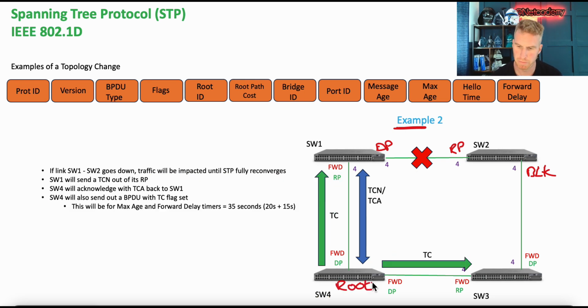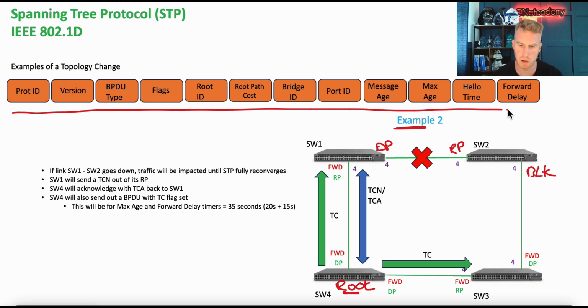And just like before, that root bridge SW4 will send out a BPDU, everything you see here, and it's going to have that topology change flag set. The BPDU type will be a config message, i.e. switches, I am the root bridge, I'm sending you a configuration message, and the flags indicate that there has been a topology change.